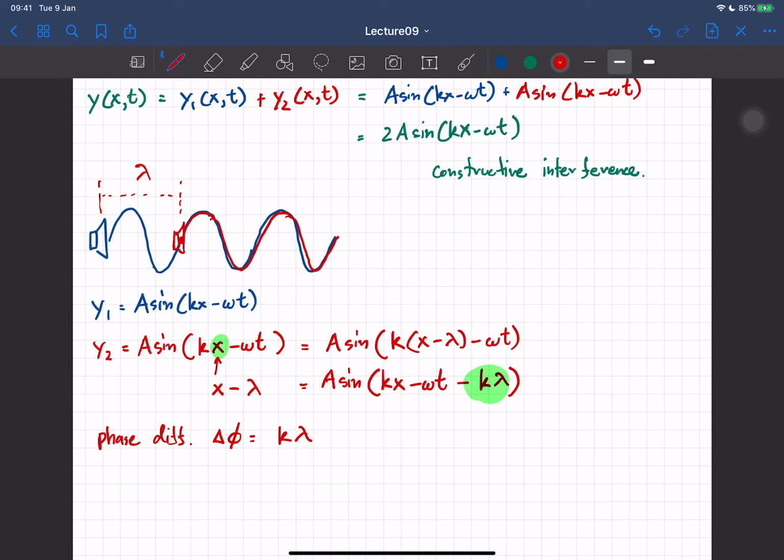It doesn't really make any difference. Okay, so maybe just to make sure that everyone understands, I just put the absolute value here. So the phase difference is k times lambda, but what is k times lambda? Remember, k is 2 pi over lambda. So k times lambda is actually just 2 pi.